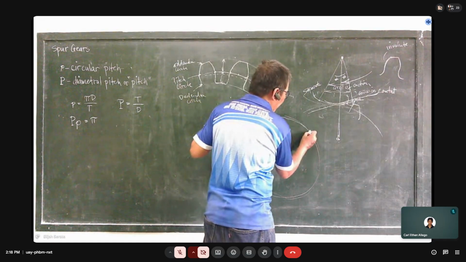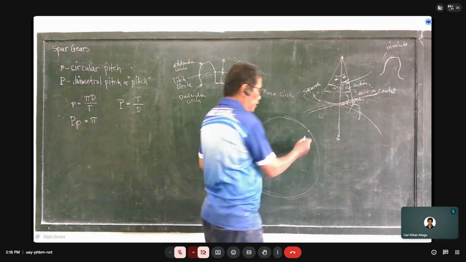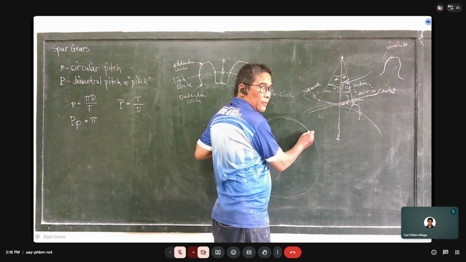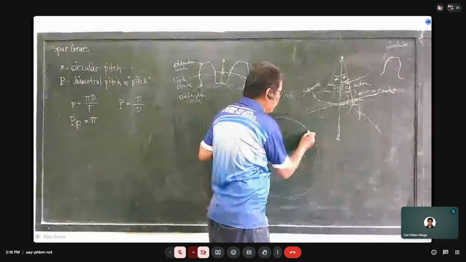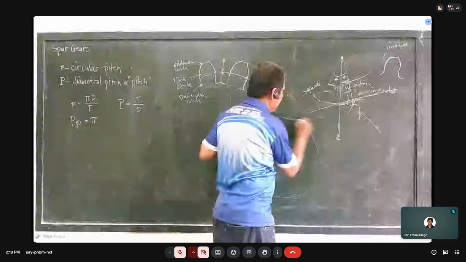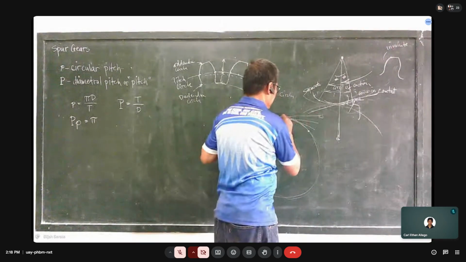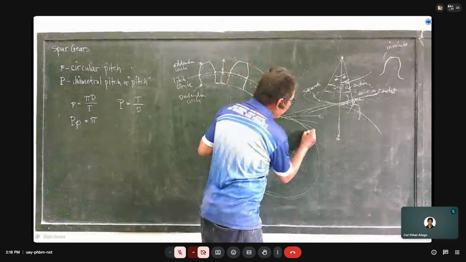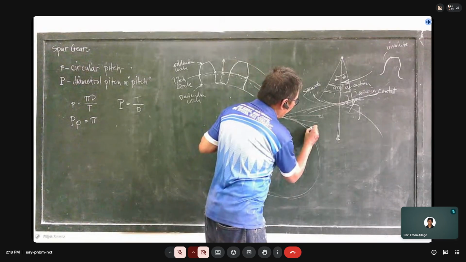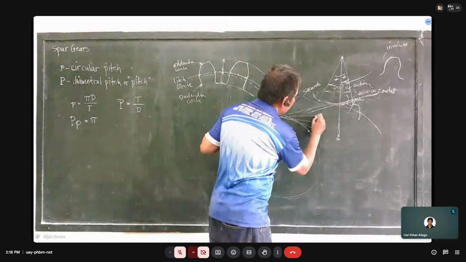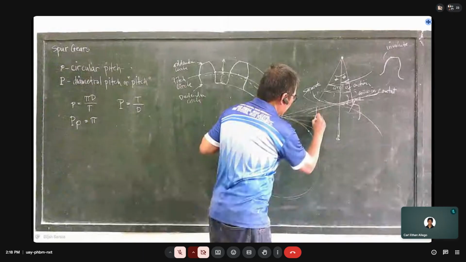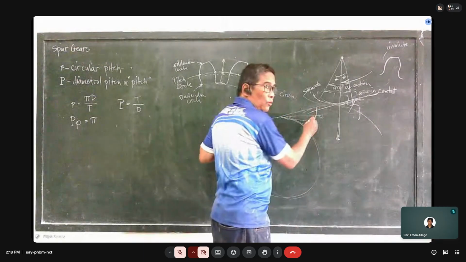So you have the end of your cord here, and then you unwrap it. So this is the end, and if you unwrap it, this is the end. So this is called the envelope.